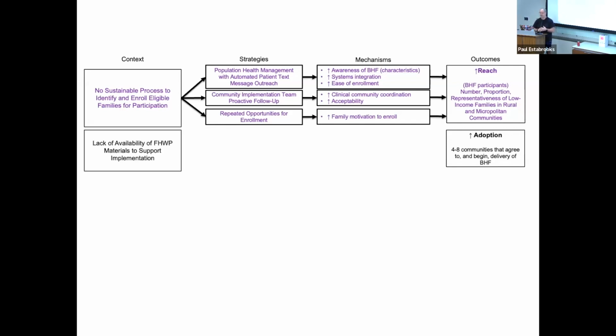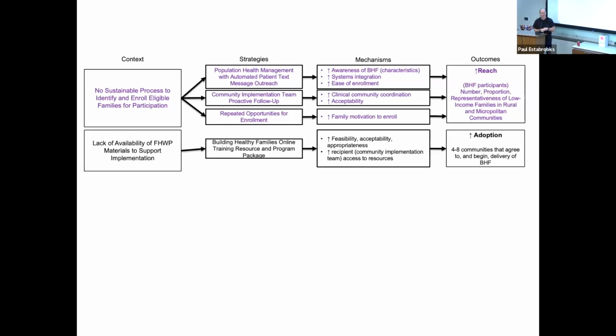But for adoption, this is where a lot of the communities that we worked with, even before we developed the online program package and training materials, just had a really hard time finding materials. They were interested in delivering a program, but it was really hard to get all the program materials together. And so just for this contextual factor, as part of that, we developed the online training resource and program package that had all the materials in one place that a community would need to deliver the program.